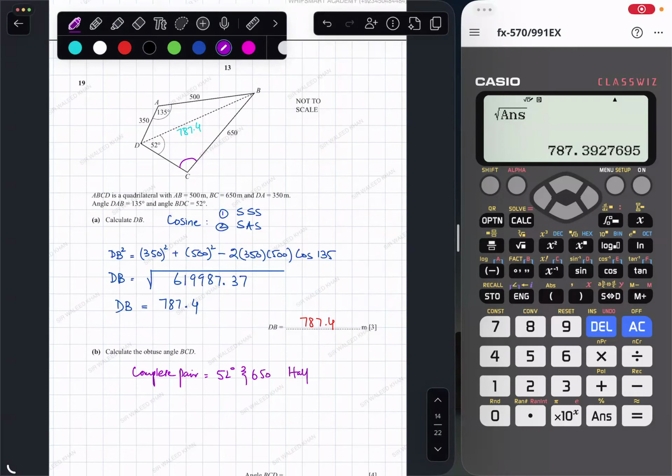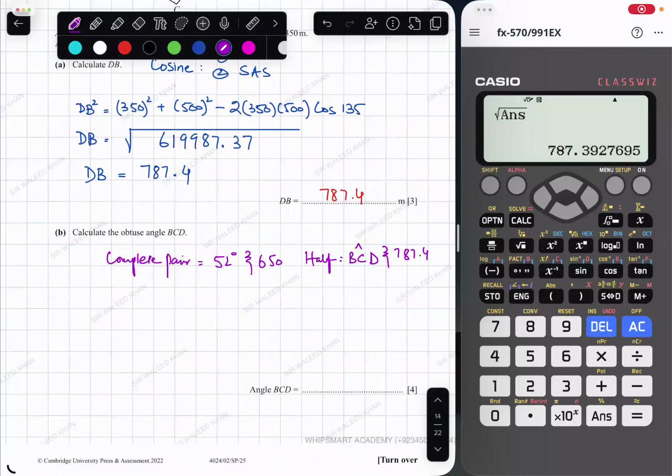And the half one is BCD and 787.4. So I can use this, sine BCD divided by 787.4. Now you can use both variants of the formula, the one in which the angle is in the numerator, and when the side is missing, you put the side in. Both of them are rearranged versions of one another.